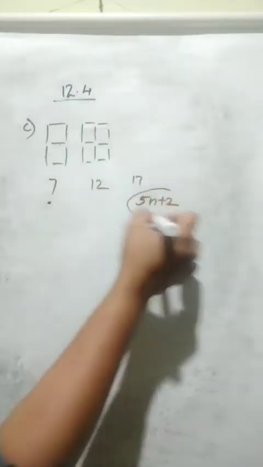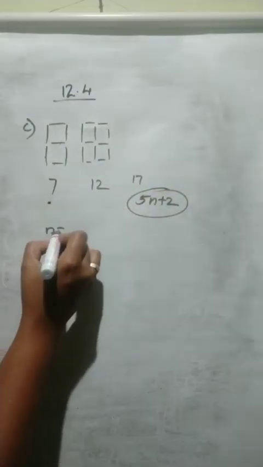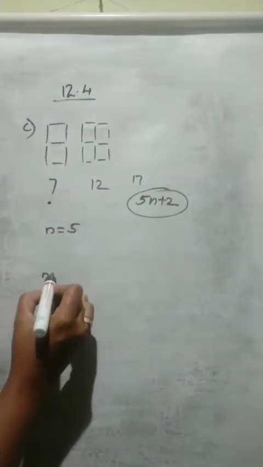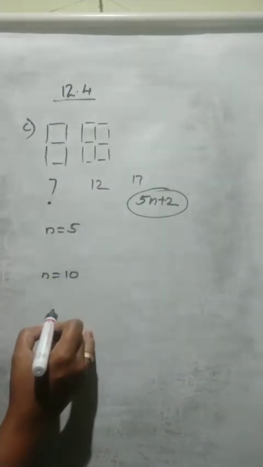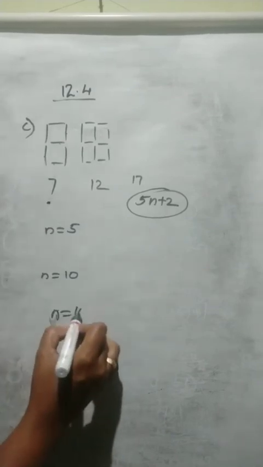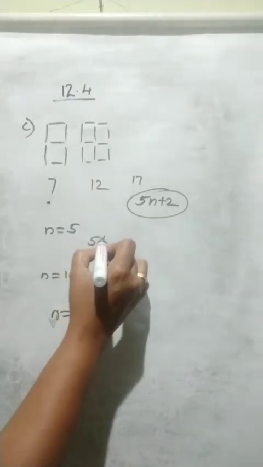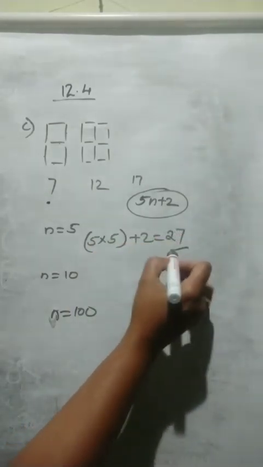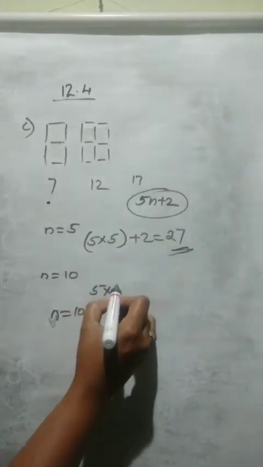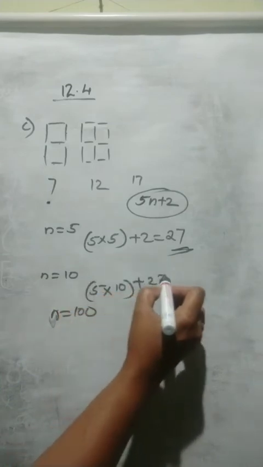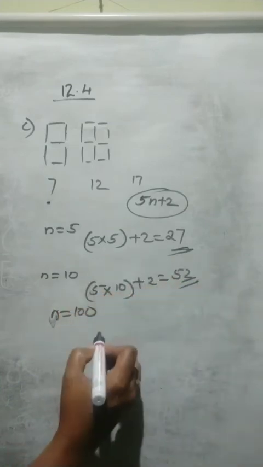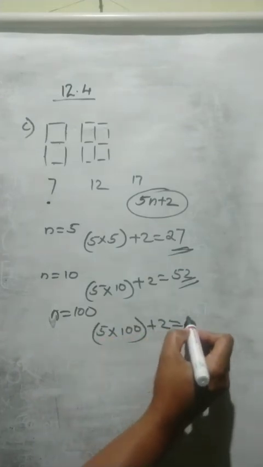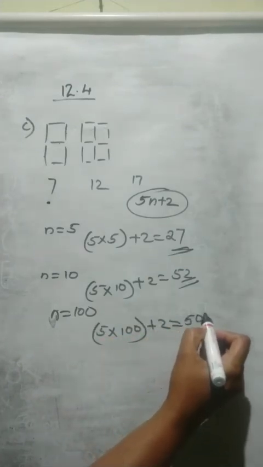But our question is, instead of n, we have to use 5. For the next one, n is equal to 10. And for the next one, n is equal to 100. Okay. So 5 into 5 plus 2 is equal to 27. Then 5 into 10 plus 2, that is 52. Here 5 into 100 plus 2, that is 502.